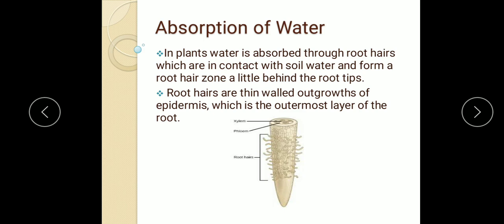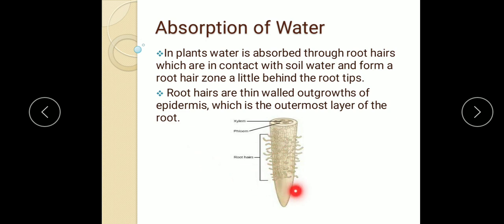Now, absorption of water in plants: you know that root is the structure in the plant through which water and minerals are absorbed. Water is absorbed through root hairs, which are in contact with soil water. Root hairs are thin-walled outgrowths of the epidermis, which is the outermost layer of the root.